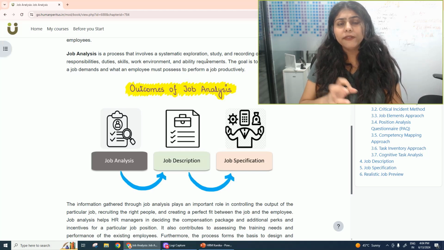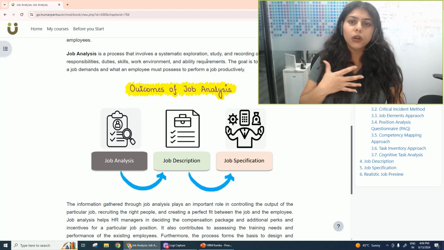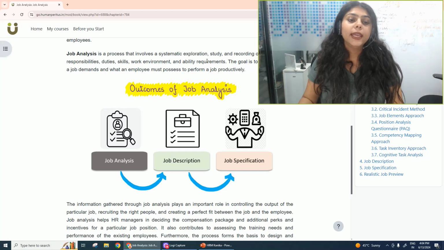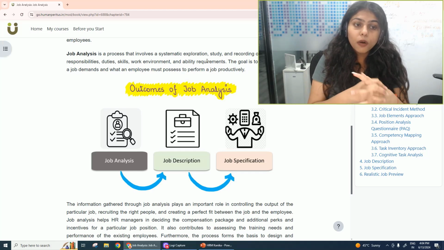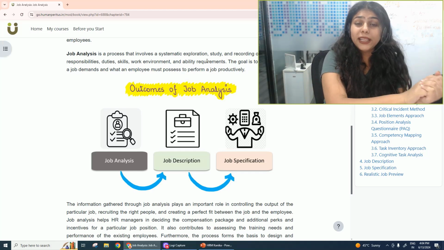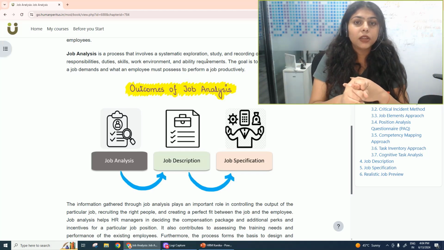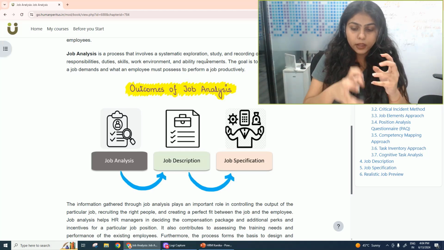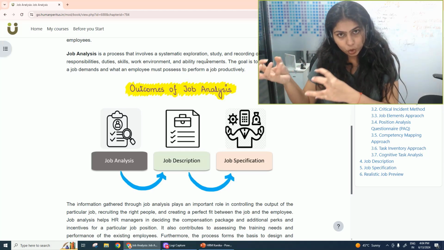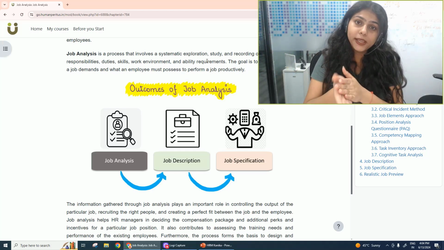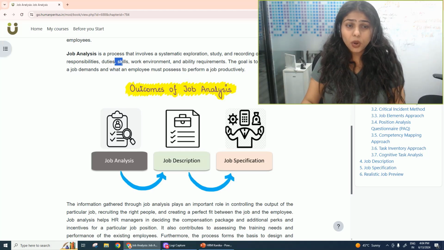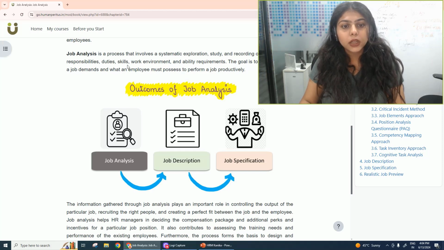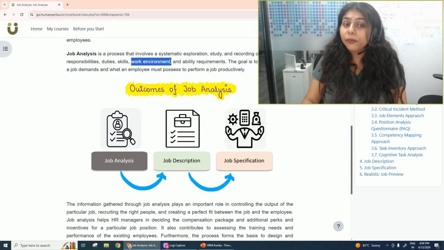So when we do a job analysis, what we are essentially doing is the study and exploration of a job's responsibilities. So what is this job going to entail? If one takes up this job, what are going to be their duties in this job, or what kind of skills does this job need, or what will be the work environment?